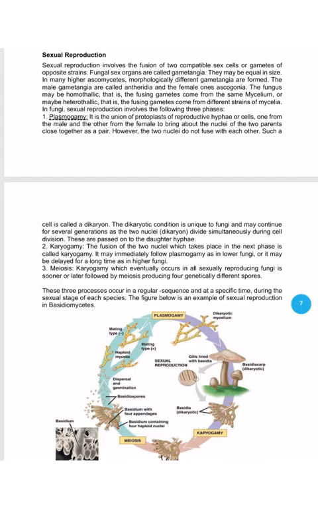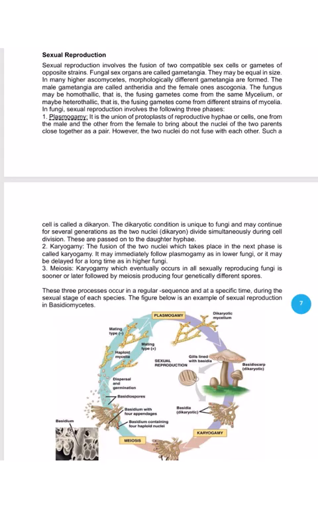The second stage is karyogamy, and at this stage there is a fusion between the two nuclei. The two nuclei fuse together, in a process we call karyogamy. Karyo means the fusion between the two nuclei. There could be a delay between phase one, plasmogamy, and karyogamy, according to the type of fungi.